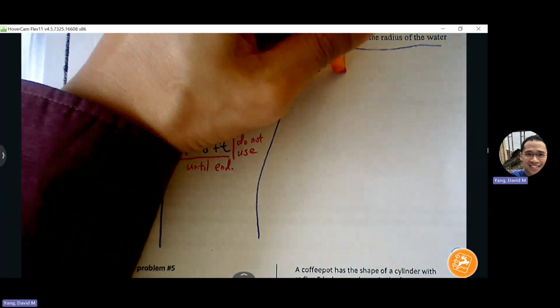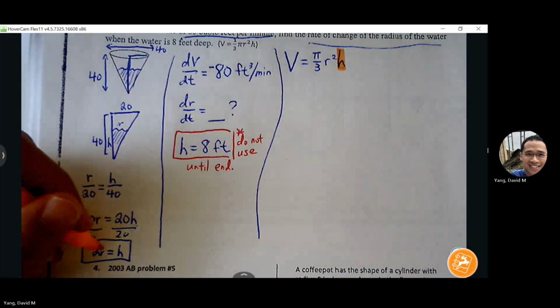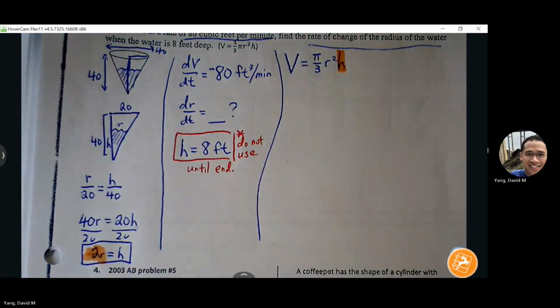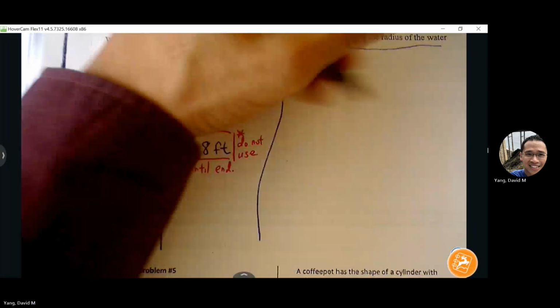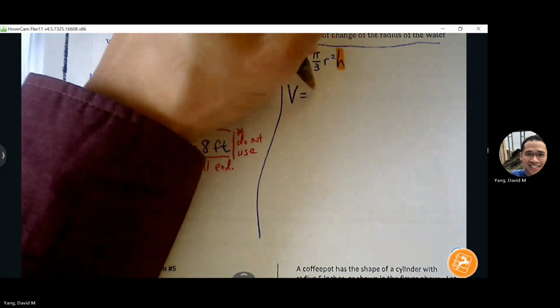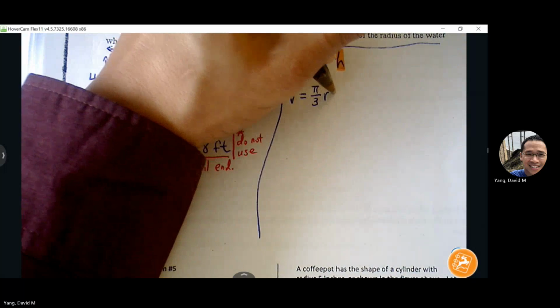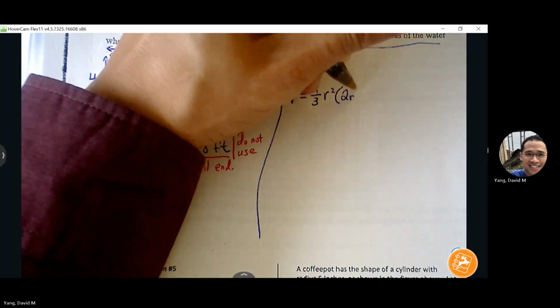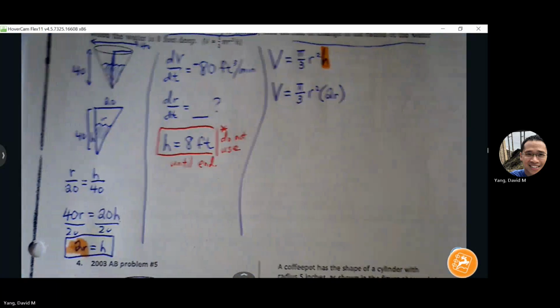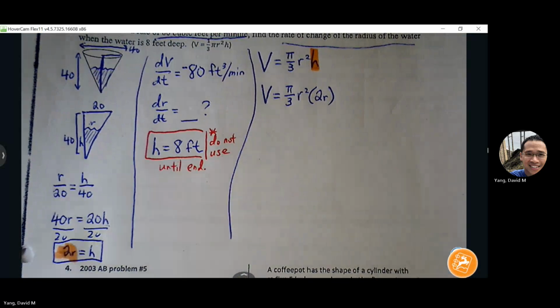This h will be replaced with what? 2r. So we have everything in terms of r. That's good.